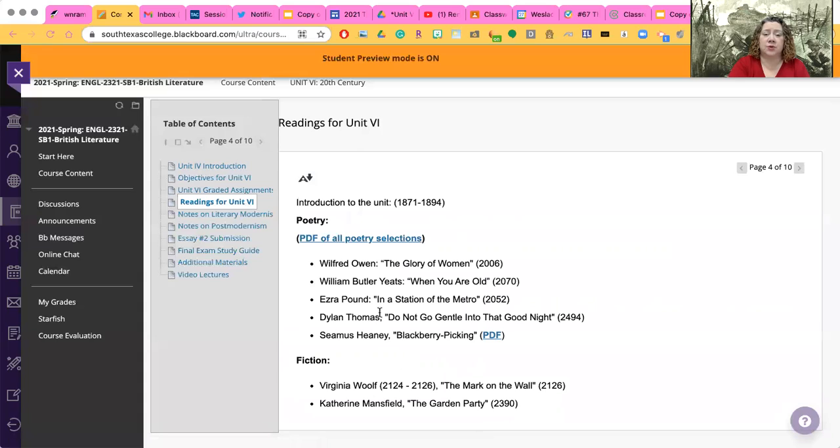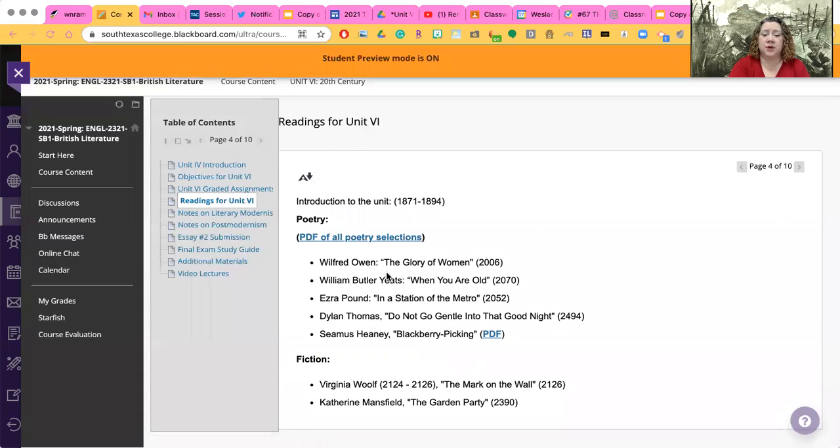Readings. So the readings for this unit, today I'm just going to do the overview of 20th century modernism, postmodernism, and then on Thursday, I will talk about poetry. So here are the poetry selections for Thursday. They're all quite short, so hopefully you'll have a chance to look at them.